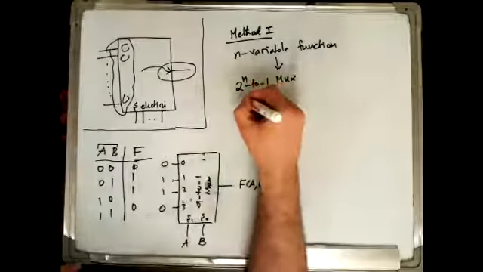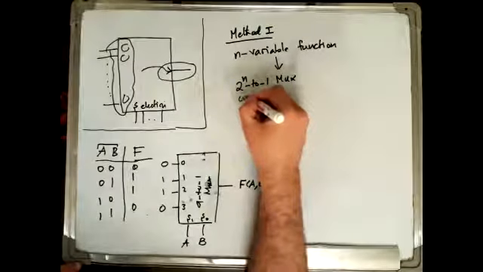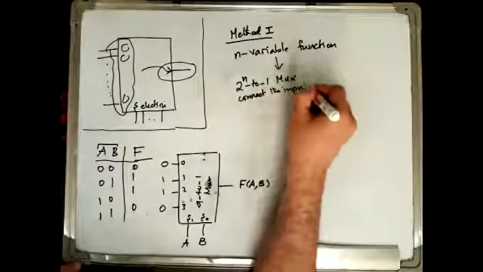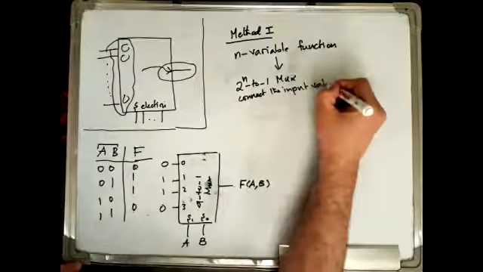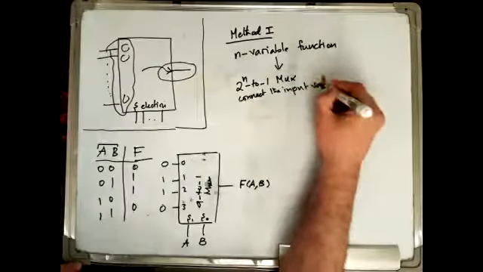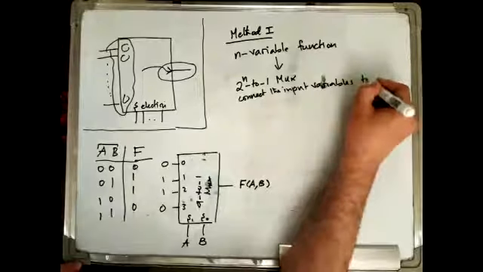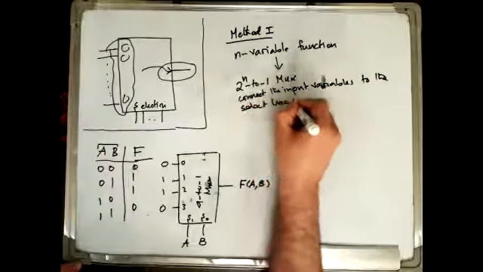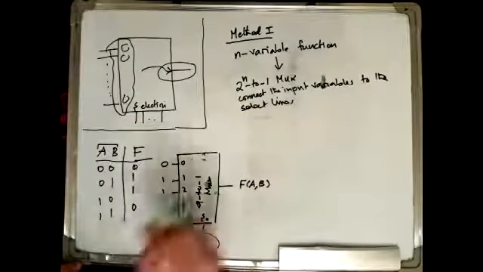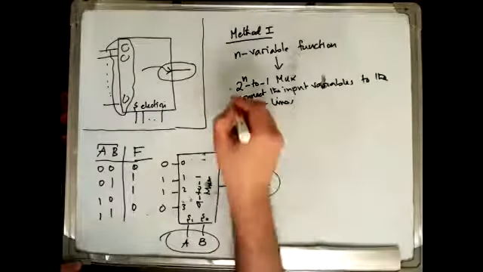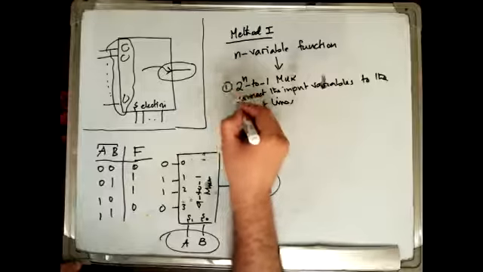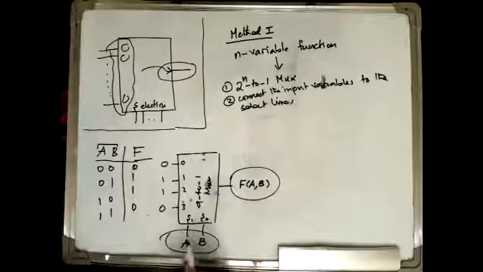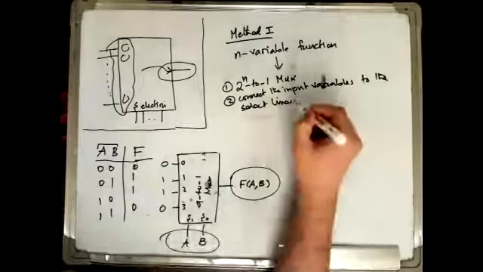Next, we connect the input variables to the select lines, as we did here. The function is basically the output. We need to connect the input variables to the select lines of the multiplexer.